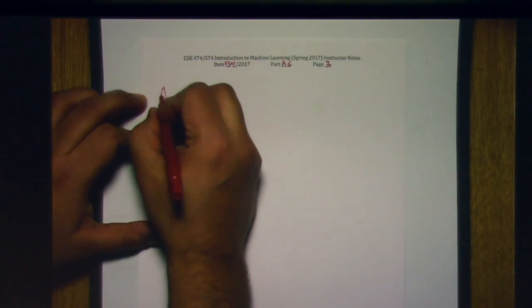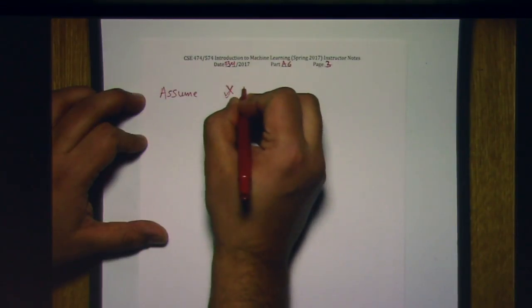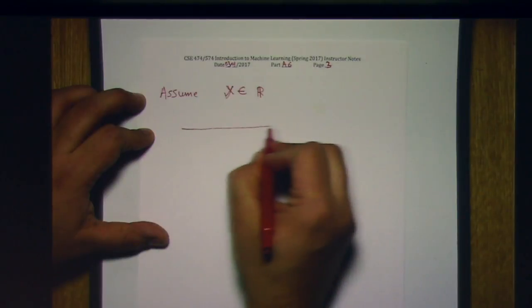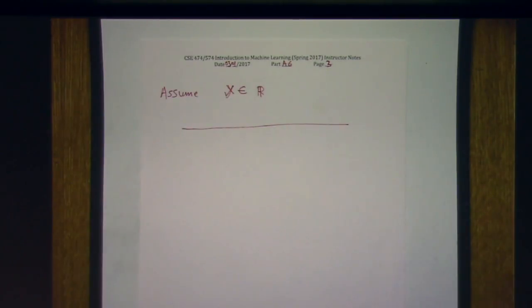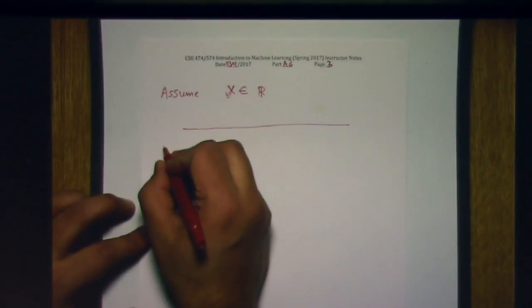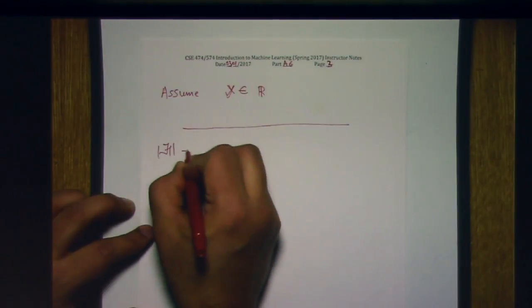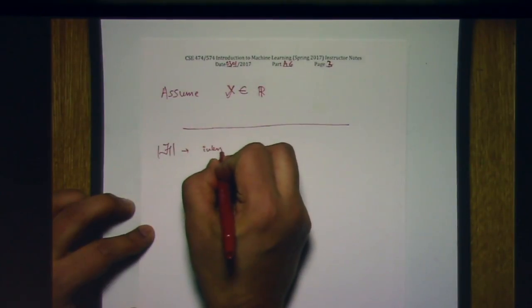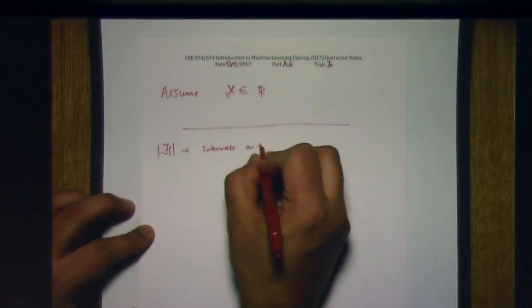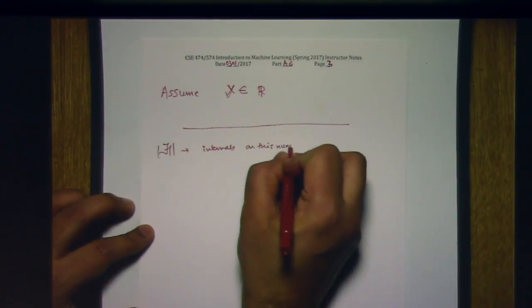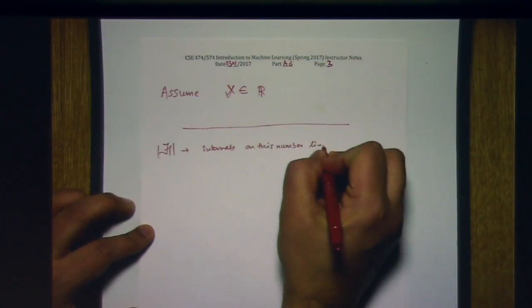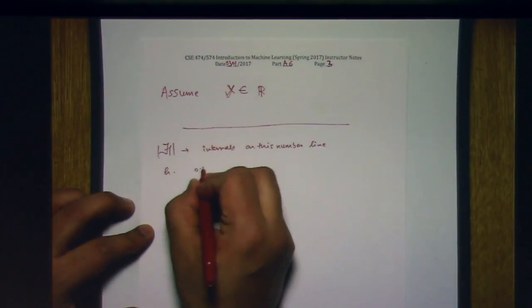Page 3. Right, so assume that our x belongs to R. That means that there's a number line and all the data points are on this. Okay, and let's assume that H is intervals on this number line. So one possible H could be 0.4 and 0.6.